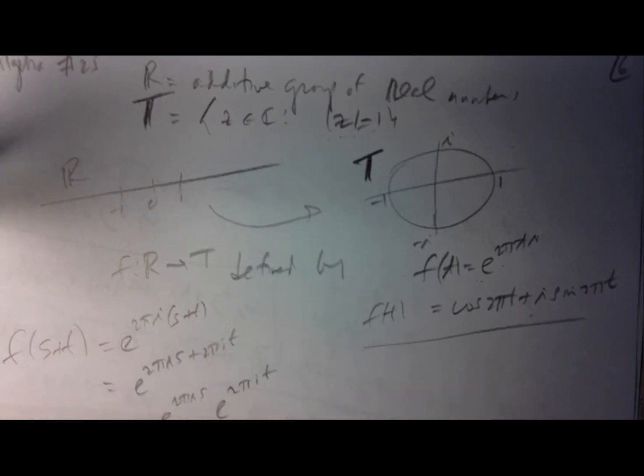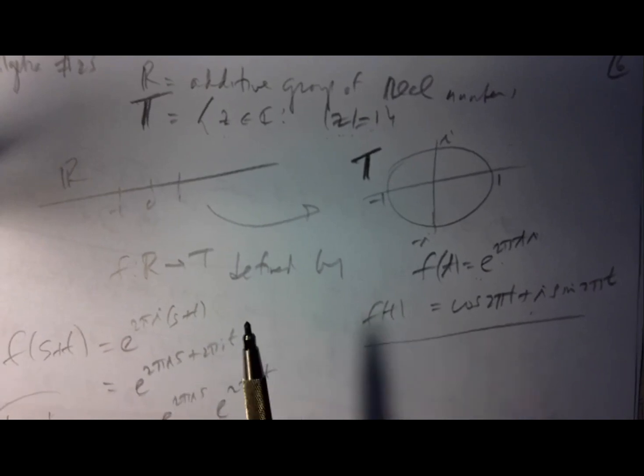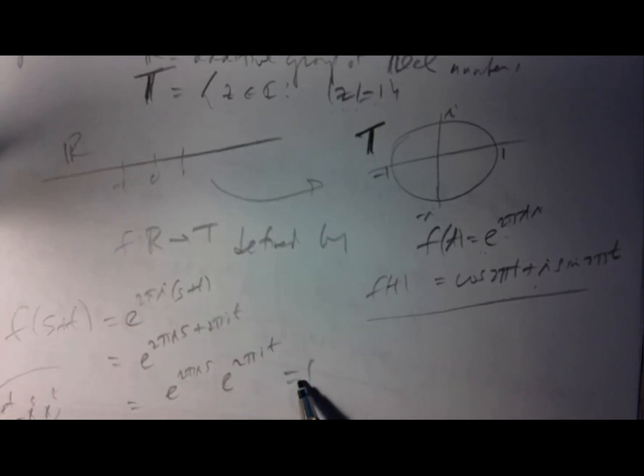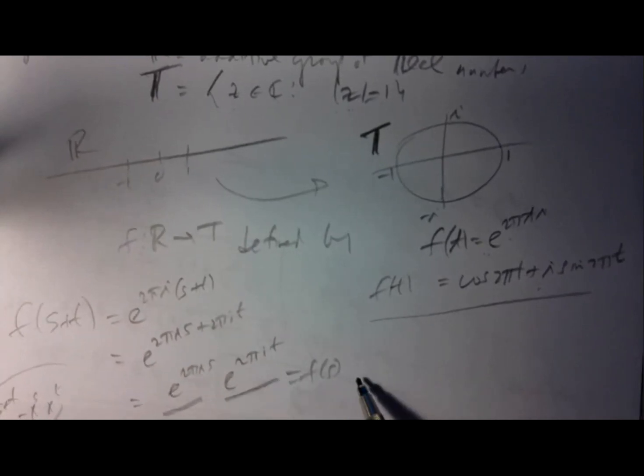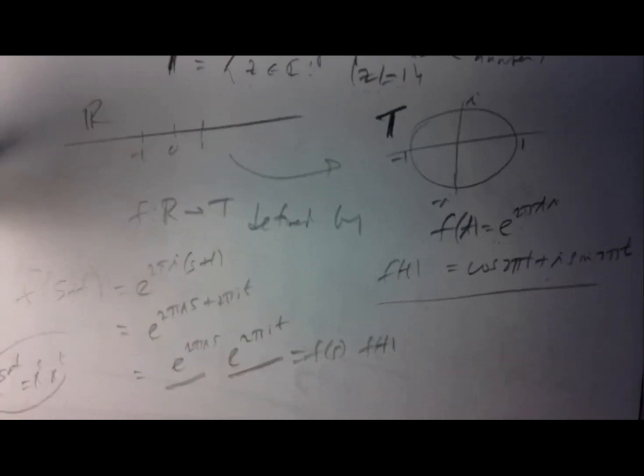Because you always have, any number x to the s plus t is x to the s times x to the t. It's just an exponential. And this is f of s, and this is f of t. So that's the definition of a homomorphism. So f is a homomorphism. Okay.